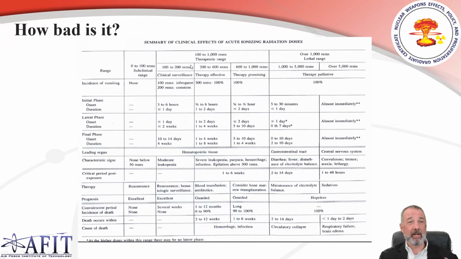Now let's go up into what's called therapeutic range. Now this is for radiotherapy used for treating things like cancer. So we have 100 to 200 REMS. The reason this is therapeutic is because this is experienced in a much more controlled environment, where they have seen very precise doses administered to different types of tissue, and they can definitely see what the outcome is, as opposed to the only sort of exposure that we have to prompt radiation from nuclear weapons, which comes from two very specific incidences, and we didn't have the information that we have today to analyze the survivors of both Hiroshima and Nagasaki.